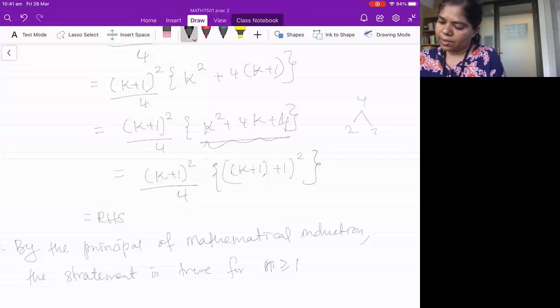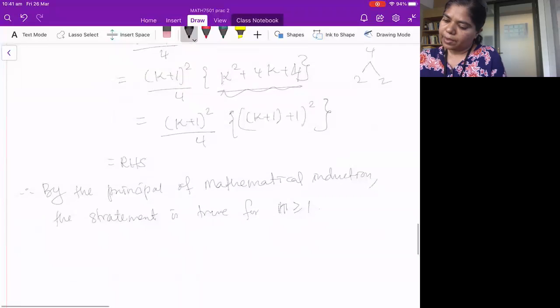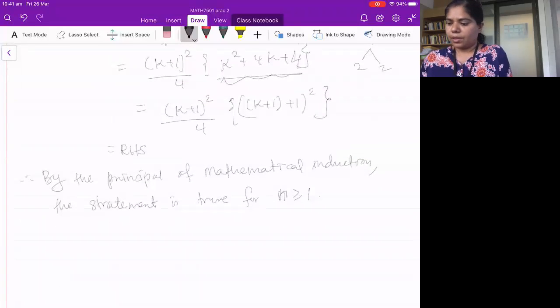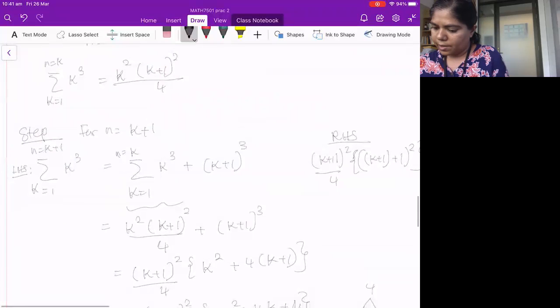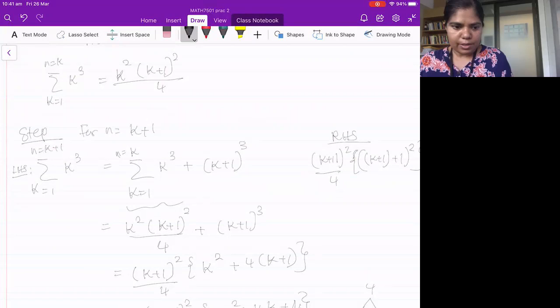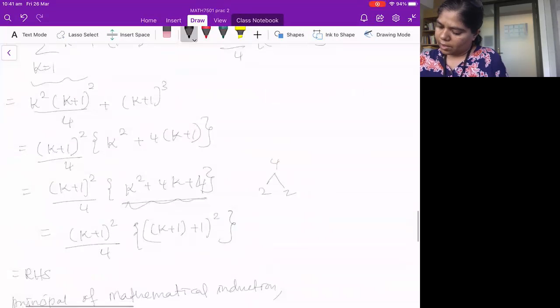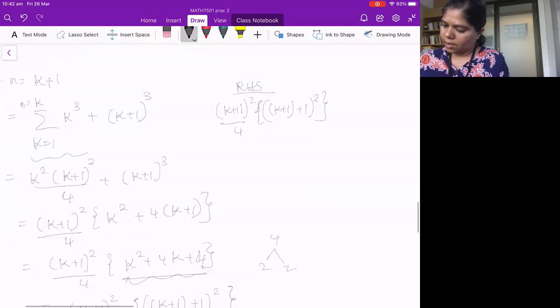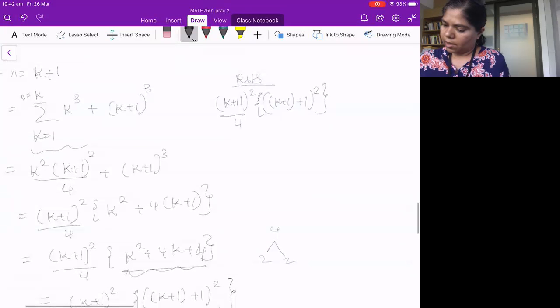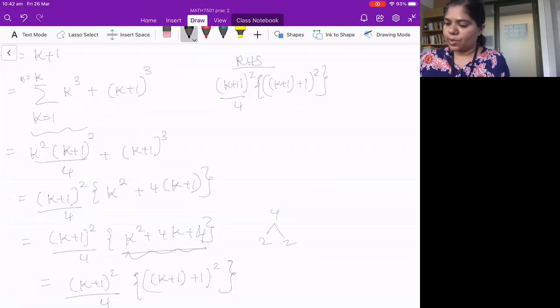So yeah, and inside 1. That's really k plus 2 squared. Okay.